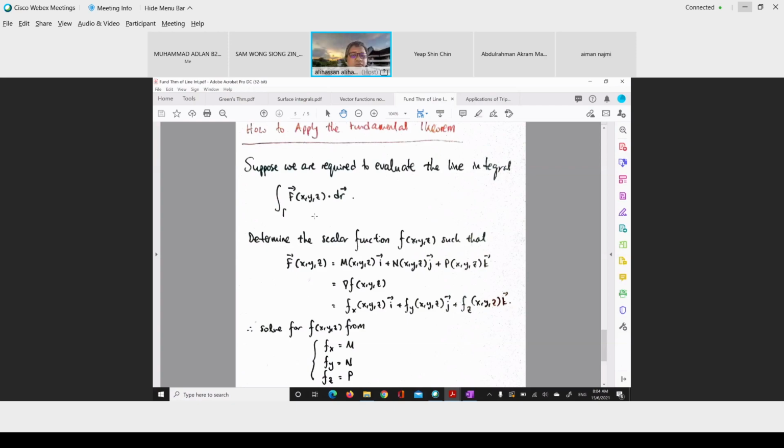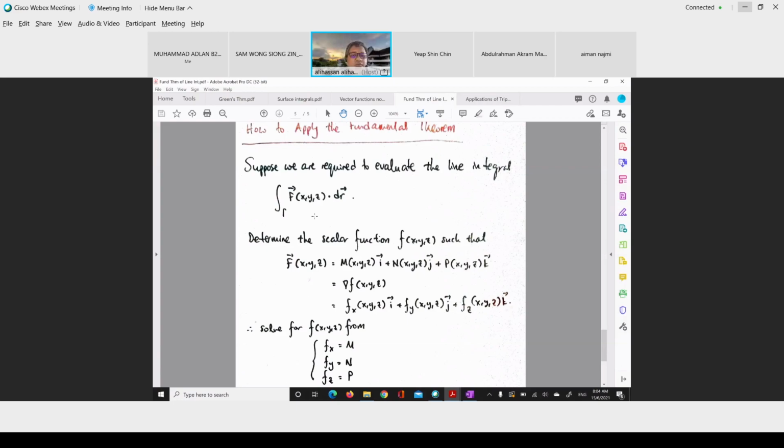Here I have solved it using two methods. One using the old method, the parametrization method, and we arrive at the value 128. The second method is using the fundamental theorem of line integrals, by first checking whether F is conservative. Here we have shown that N partial x equals M partial y, so the vector field F is conservative.